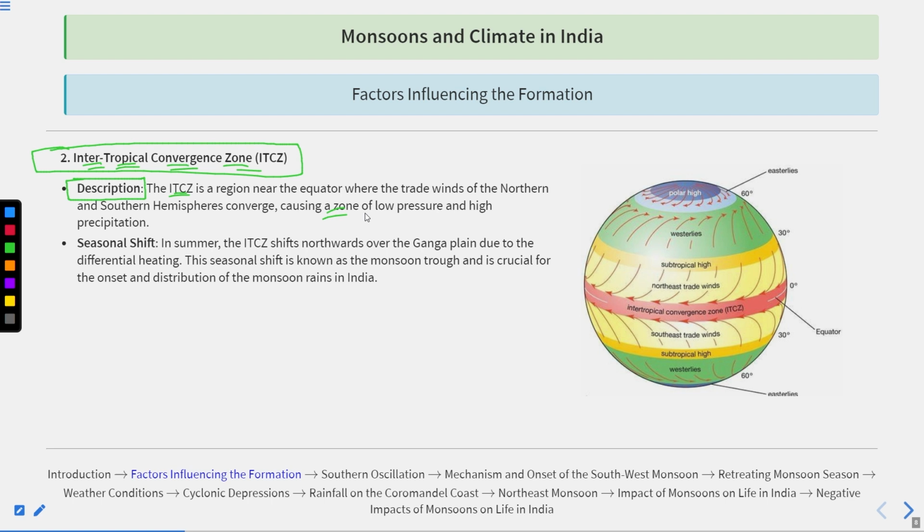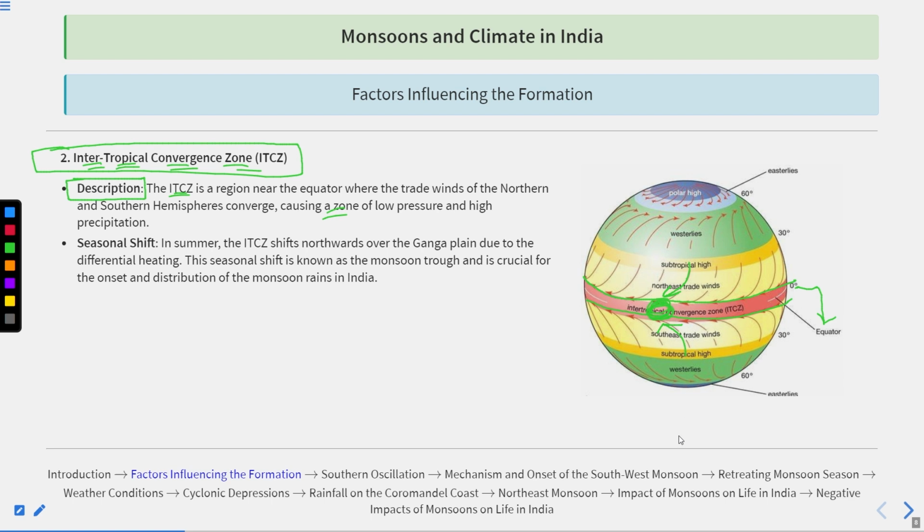Like here you can see the ITCZ. This layer is the ITCZ. And this 0 degree latitude is basically the equator. Now you can see the winds coming from the southern hemisphere and here the winds coming from the northern hemisphere. Both the winds basically get converged in this ITCZ.